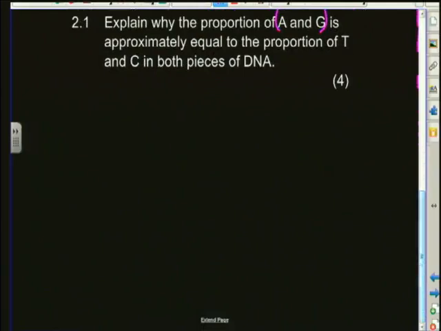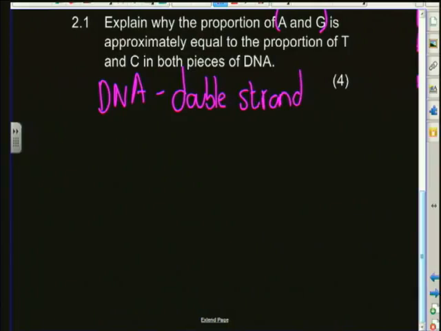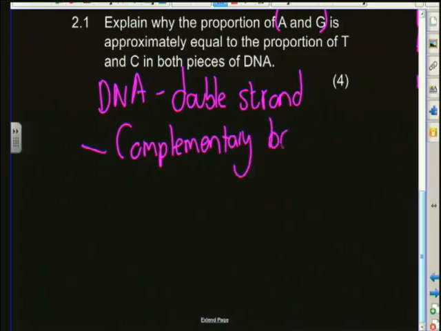Now what did I say to you? What is DNA? First thing you need to know, DNA is a double strand. And what do we know about double-stranded DNA? Very important: complementary bases. Now let's have a look at the table over here.